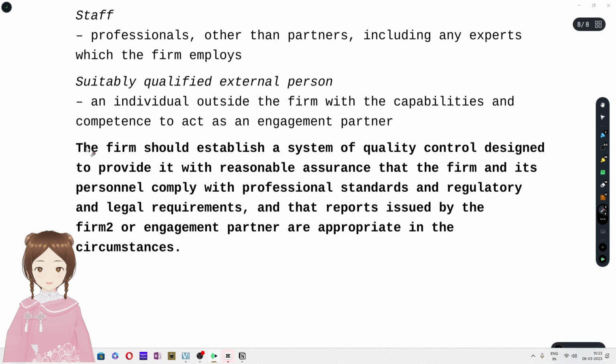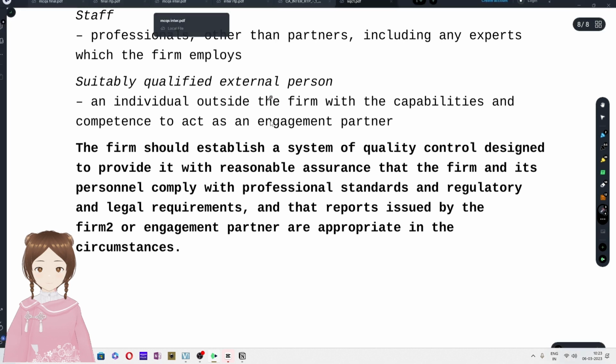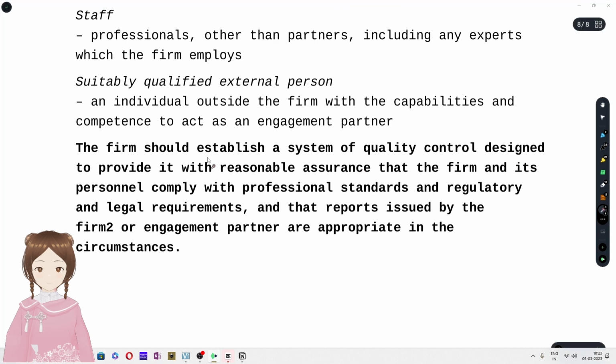If you forget everything that was in this PDF with regards to SQC1, try to remember just the objective of SQC1 so that you can retrieve everything that was discussed here. Whenever you think of establishing a system of quality control, what do you think of?